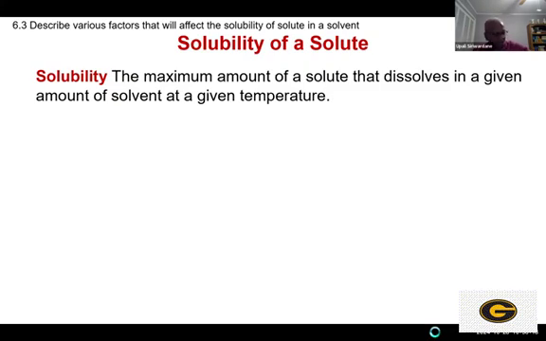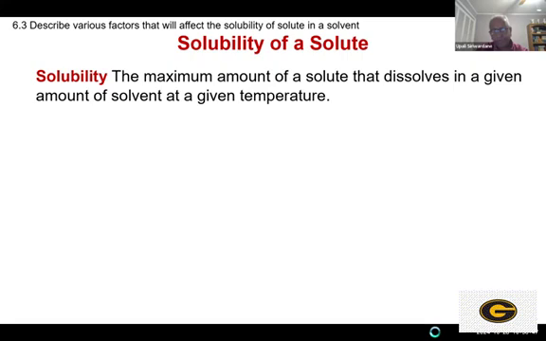Solubility is the idea of how much solute goes into a certain amount of solvent at a given temperature. That's the solubility. Solubility is expressed as a fraction of solute in the solution.